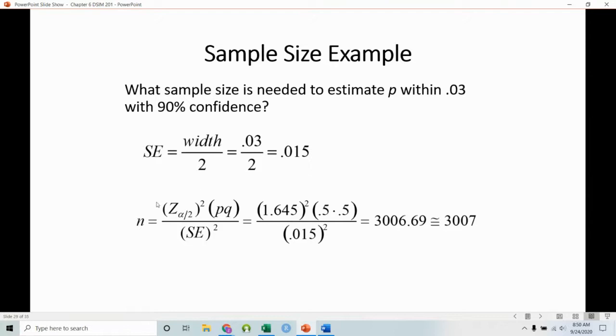We need z alpha 2 for our 90%. We just found that out to be 1.645. We weren't given a P or a Q, so we'll just say it's 50-50. So it's 0.5 times 0.5, and we'll divide by the square of the half width of the standard error.